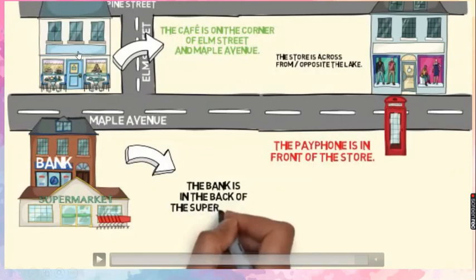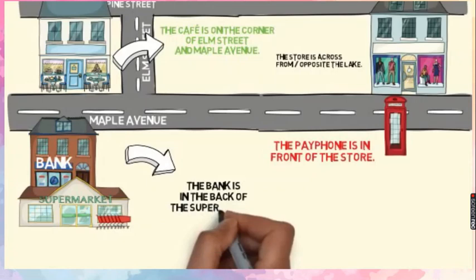Now, what about the cafe and the store? Are they far or near? Is the cafe near the store or far from the store? Yeah, I believe so. It's far from the store.